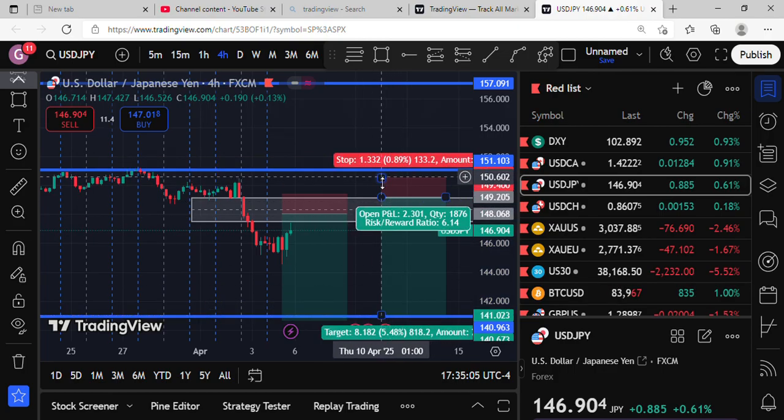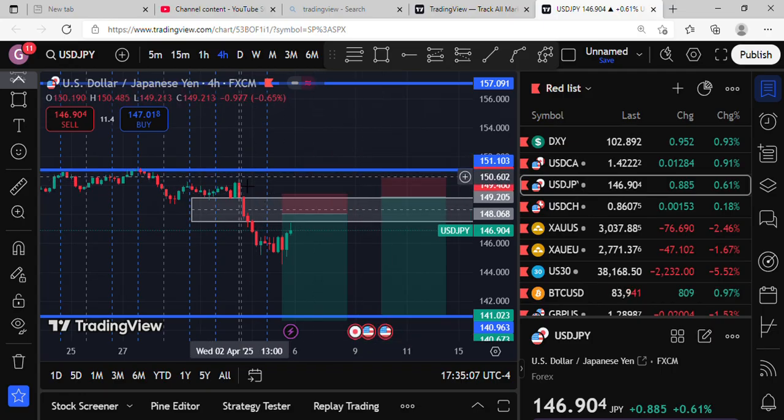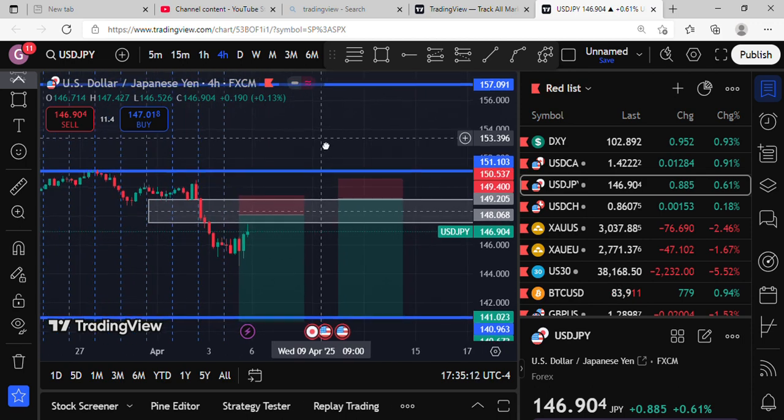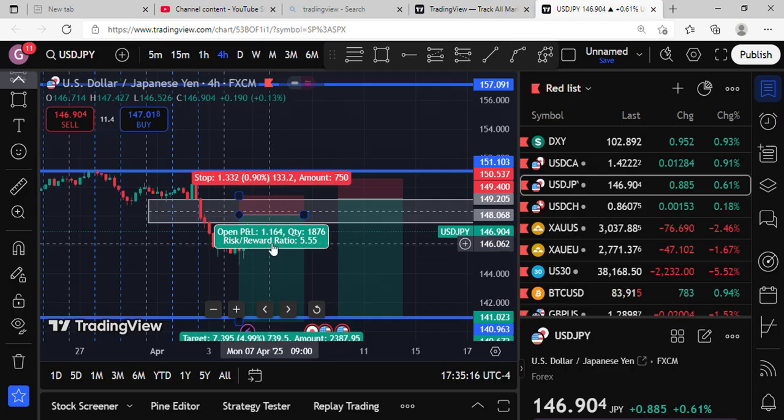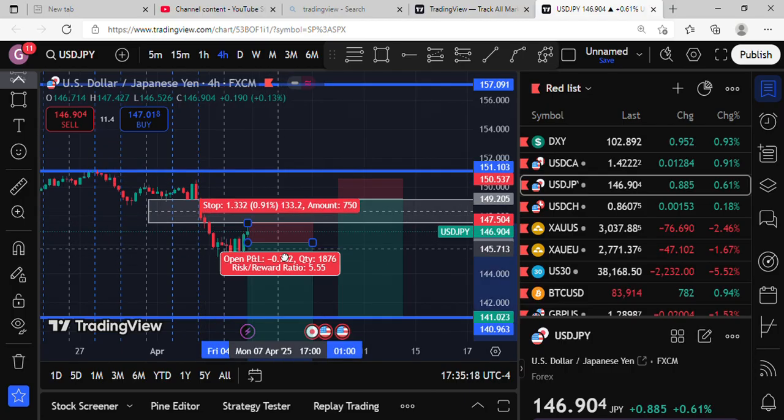Okay, yeah, I think I like where it is because it's above this candle high, the stop loss is above this candle. So this is it, basically. So it's either price comes in here and then trades all the way down.